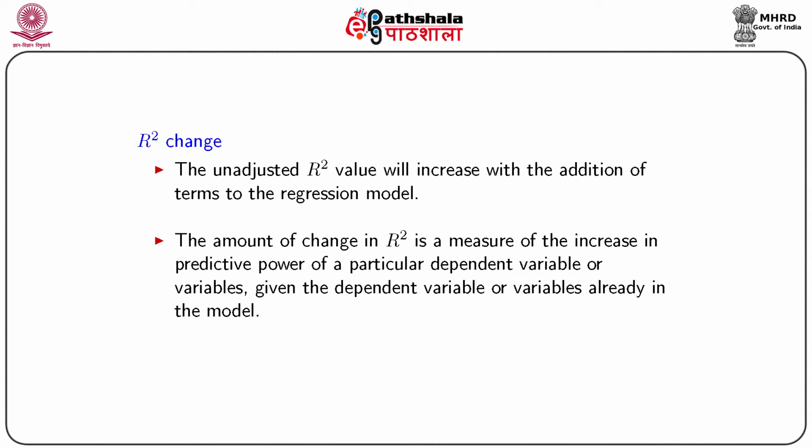So the unadjusted R square value will increase with the addition of terms to the regression model. Now the amount of change in R square is a measure of the increase in predictive power of a particular independent variable or variables, given the independent variable is already in the model.